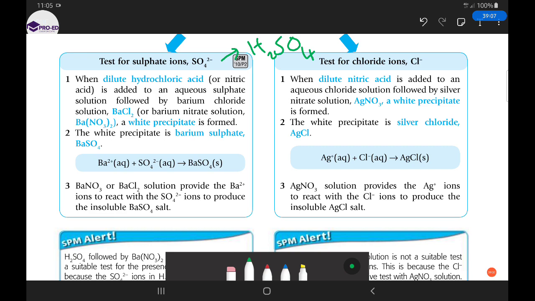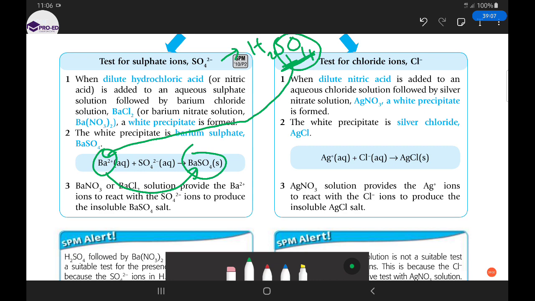Because guys, let's say even if it's not a sulfate salt, you are putting in sulfuric acid. Sulfuric acid already has sulfate ions. So obviously these sulfate ions will react with the barium ions and produce a white precipitate of barium sulfate, even if this was not a sulfate salt.